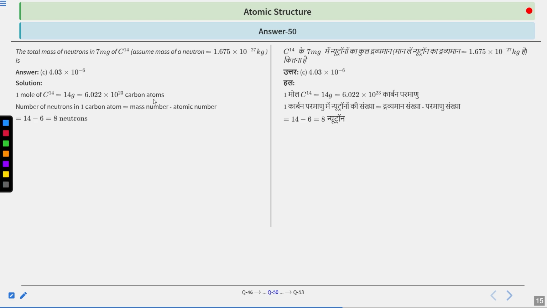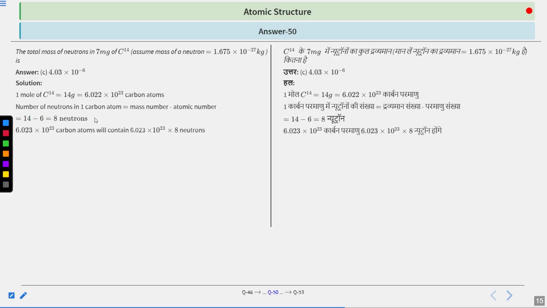So if you talk about one carbon atom, then what is the number of neutrons? It will be simply mass number minus atomic number, because mass number is neutron plus proton and atomic number is the number of protons. So if you subtract, that is 14 minus 6, because for C14 your mass number will be 14, and since it is an isotope, atomic number will remain the same, that is 6. So it will give you 8 neutrons in total.